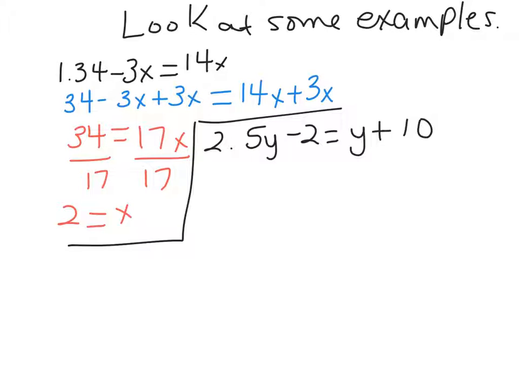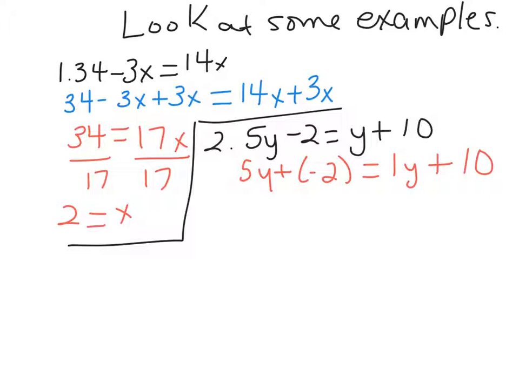Our second example here is 5y minus 2 equals y plus 10. And we can see that we could rewrite this just to eliminate confusion, to be 5y plus negative 2 equals 1y plus 10.